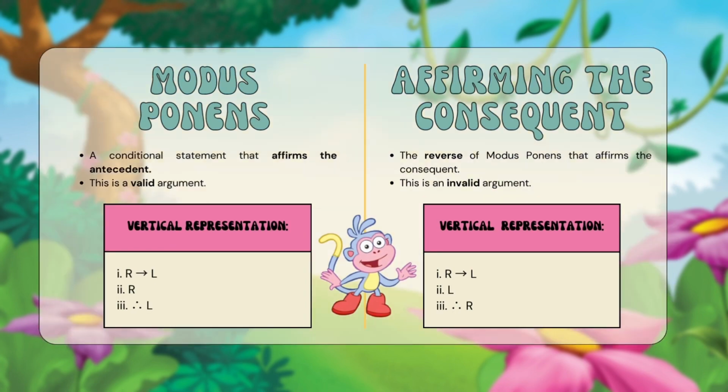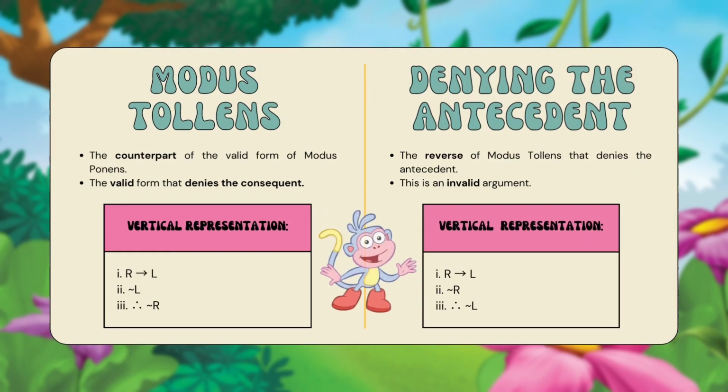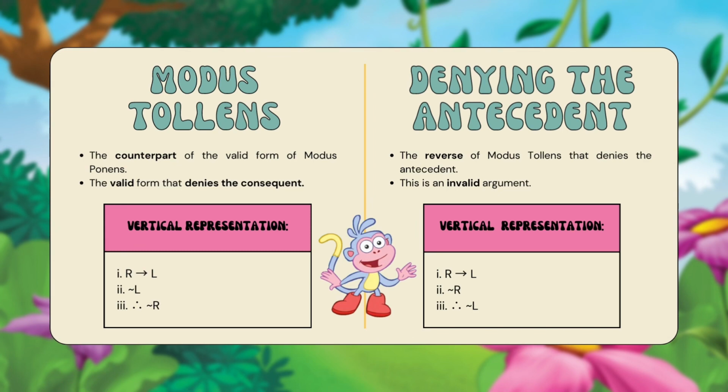Moving on to the third and fourth argument forms, modus tollens and denying the antecedent. The counterpart of the valid form of modus ponens is called modus tollens. The argument structure is depicted as, the first premise is if R then L, the second premise is not L, the conclusion is therefore not R. The valid form is when you deny the consequent, then you have the valid argument of modus tollens, or you affirm the antecedent and you get the valid argument of modus ponens.